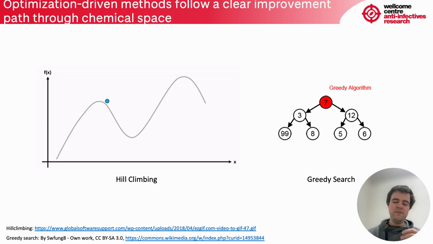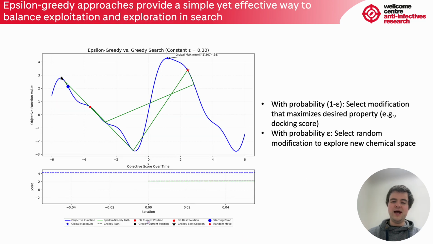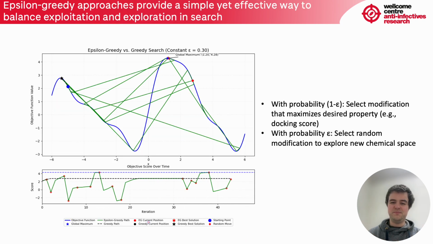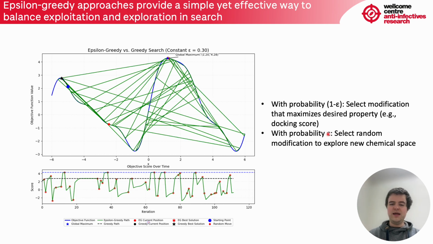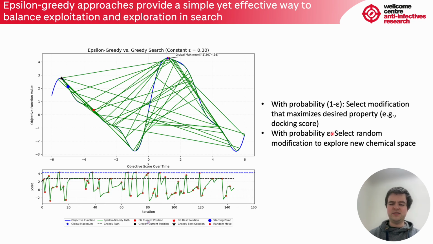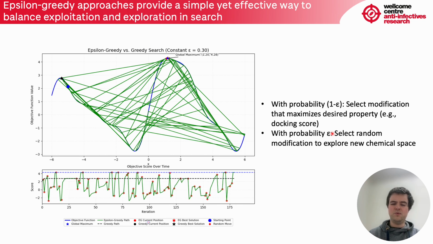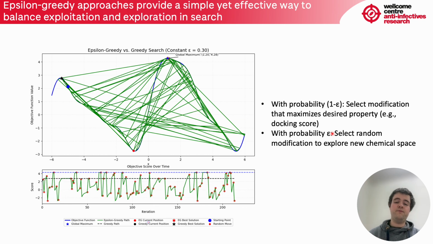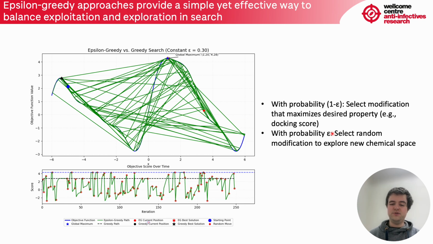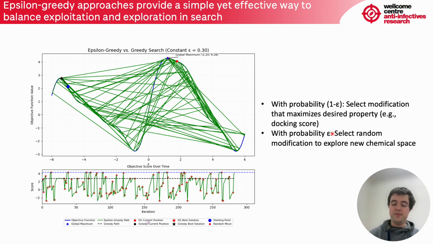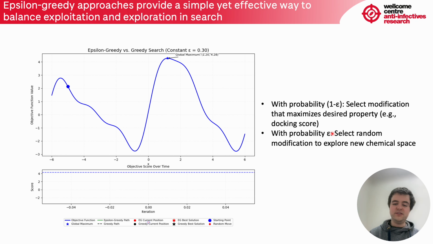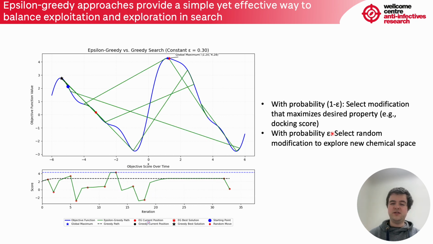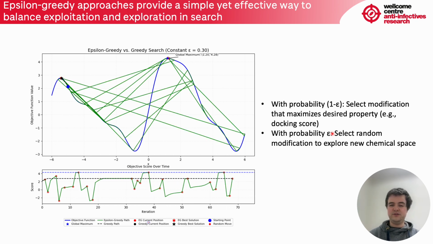So to combat this, often we will use some sort of middle ground. And what is this middle ground? This is, for example, epsilon-greedy. In epsilon-greedy, we do a similar type of process, and what we do is we say, okay, we will follow a greedy process. We will apply the best transformation we can. However, with a certain probability, we will randomly select a modification.